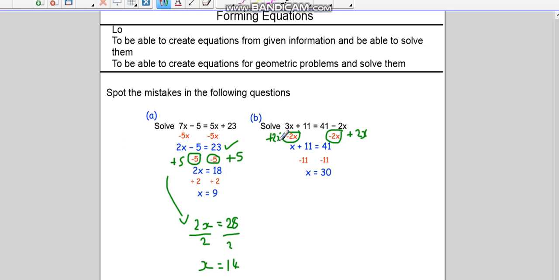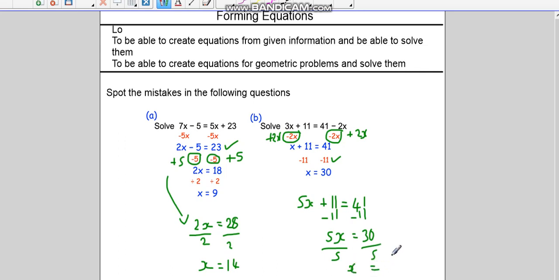If I add 2x to both sides, I end up with 5x plus 11 equals 41. Then I do subtract 11. So if we subtract 11 from both sides, we get that 5x equals 30. And we divide both sides by 5, and we get that x equals 6.